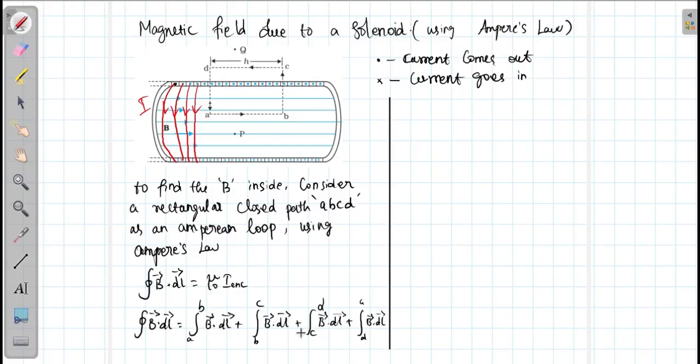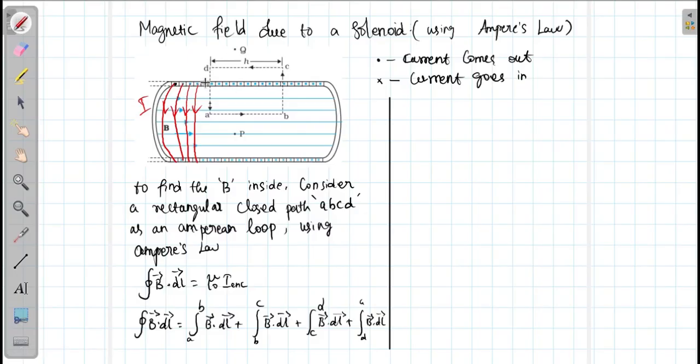Now we are going to calculate the magnetic field due to each segment. The important thing is that CD is lying outside of the current carrying loop. No current is enclosed in the segment CD.